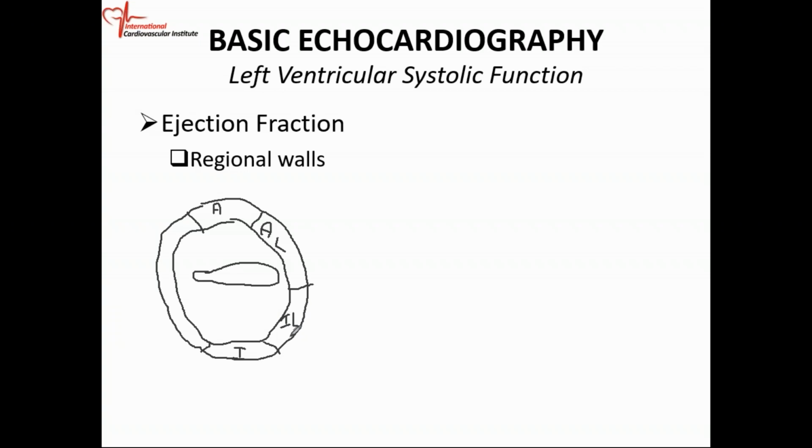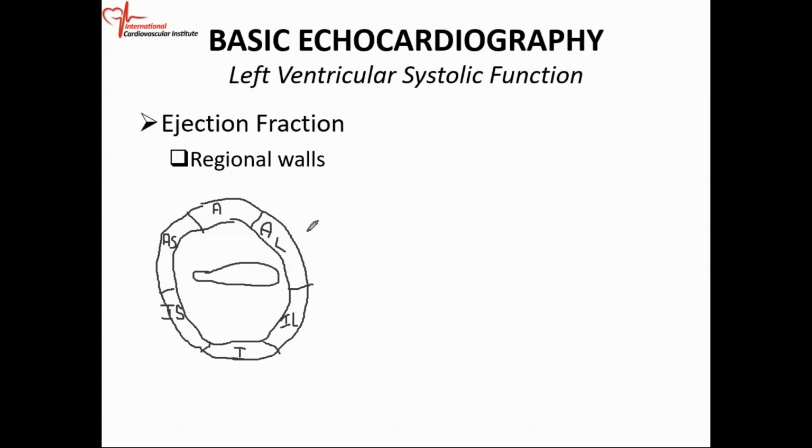For the septum, we do the same thing. We can divide the septum into anterior septum, because this portion of the septum is closer to the anterior wall. So we call it our anterior septum. And then this portion of the septum is closer to the inferior wall, so we call this our inferior septum. So IS.